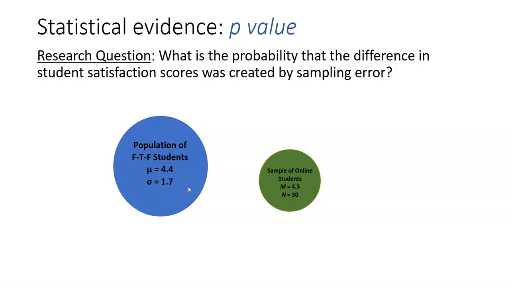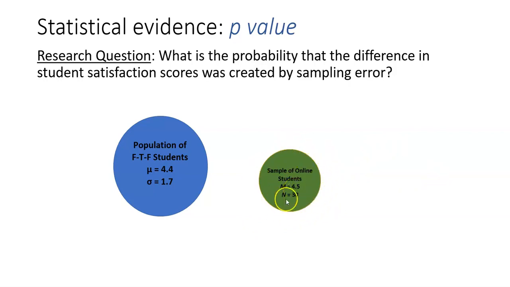Now, COVID happens. The professor had to teach the class online now. And the professor is interested in knowing, gee, do online students like the class better or worse or what? So he takes the sample of his students for the given class that just completed the online class, and their mean satisfaction score was 4.5.